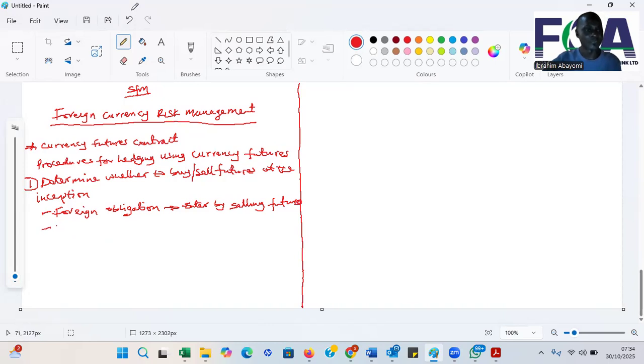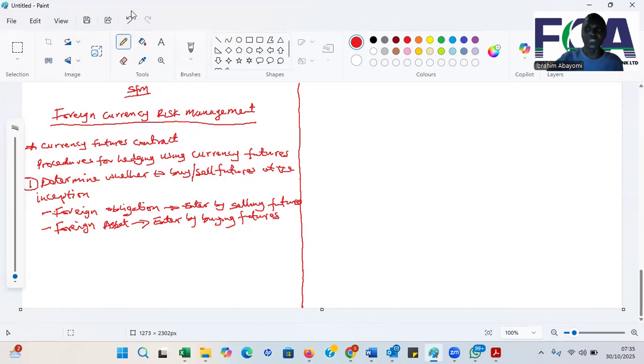But if it is a foreign asset, that is, you have a receipt in that country, you do the opposite. You enter by buying futures contracts. Why?